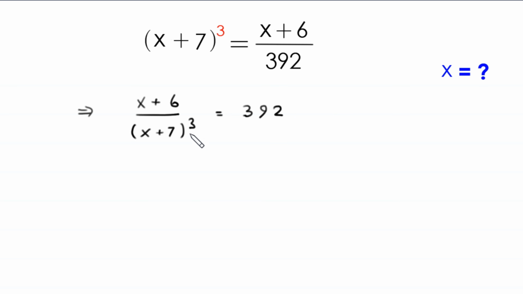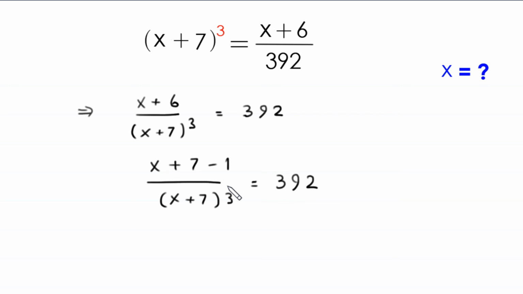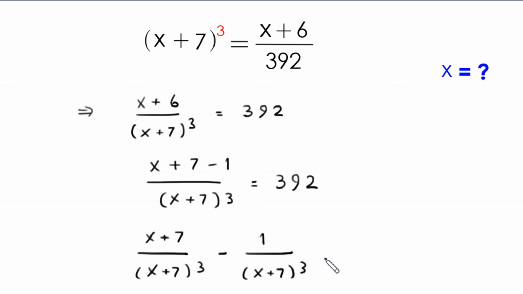This x + 6 can be written as (x + 7 - 1)/(x + 7)^3 = 392. This will become (x + 7)/(x + 7)^3 - 1/(x + 7)^3 = 392.